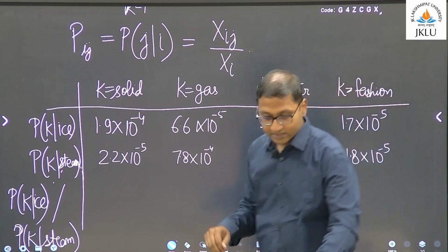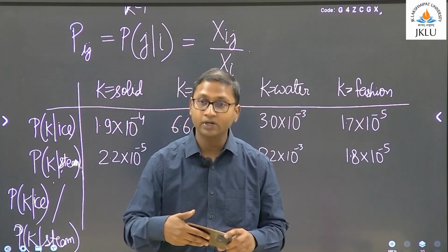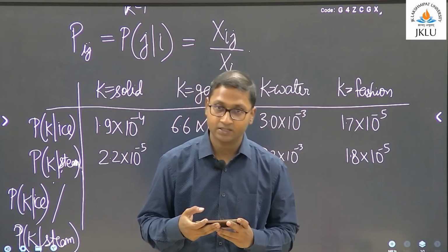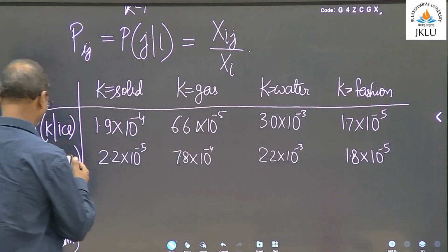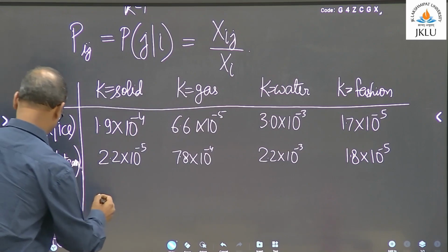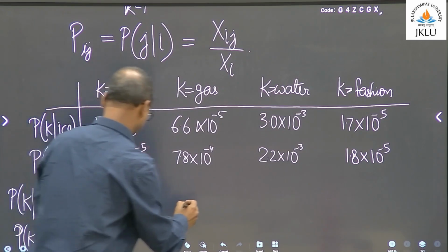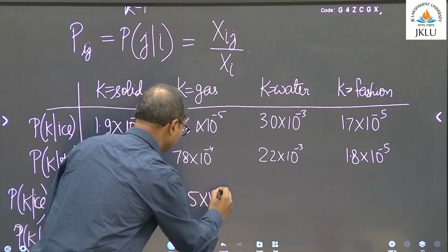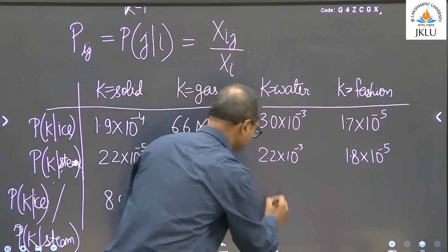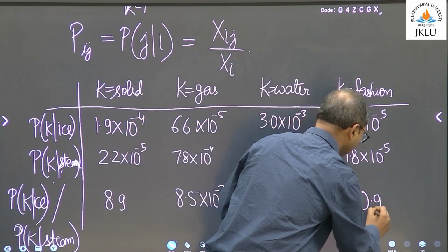So what the authors actually say is that these absolute numbers don't make sense. What actually makes sense is this ratio. So this is 8.9, this is 8.5 times 10 to the power minus 2, this is 1.36 and this is 0.96.